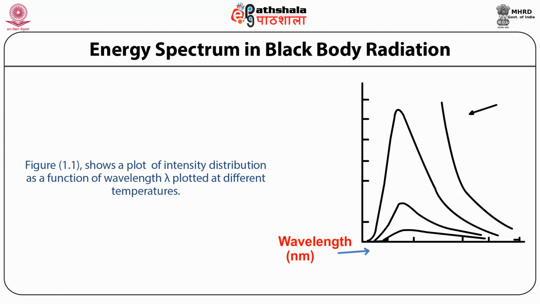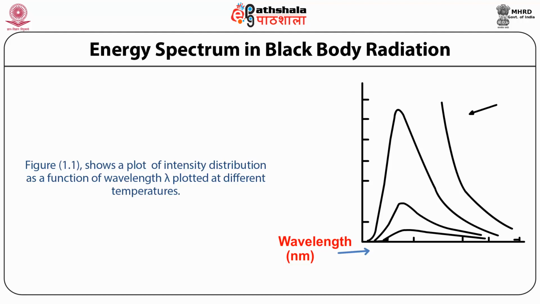Substituting this expression in the above equation for U, we have U nu equals sum over n equals 0 to infinity of epsilon n exponential minus epsilon n by kT divided by sum over n equals 0 to infinity of exponential minus epsilon n by kT.